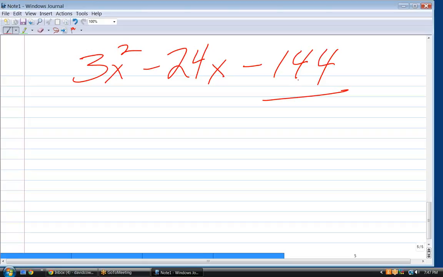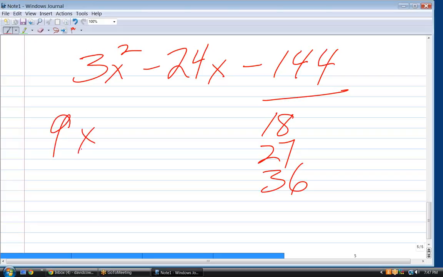Let's talk about it being divisible by 9. Notice that in your 9s tables, 9 times 2 is 18, 9 times 3 is 27, 9 times 4 is 36. Each of these add to 9. 9 times 11 is 99.